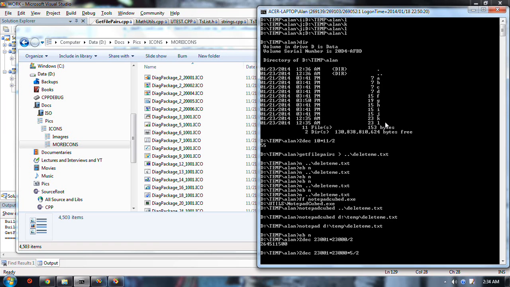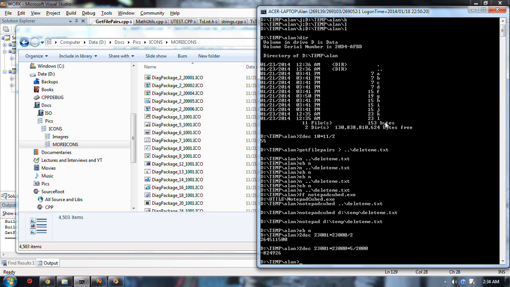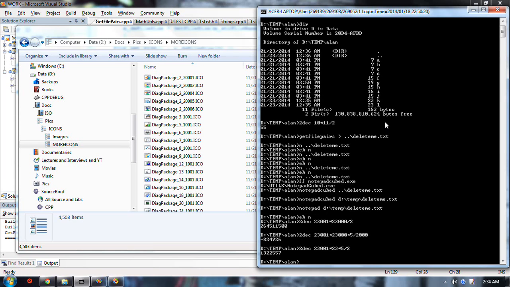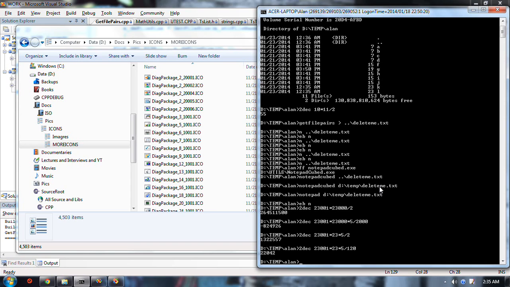If I want that in seconds, I have to divide by 1,000. Okay, that gives me that many seconds. If I divide this by 60, that gives me the number of minutes, and if I divide by 60 again, I get hours.